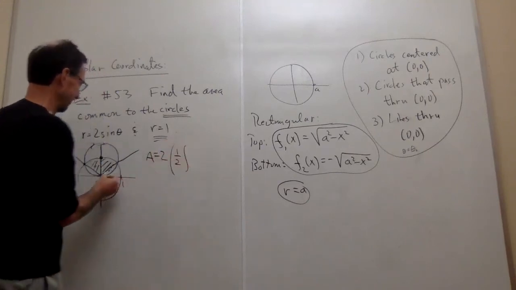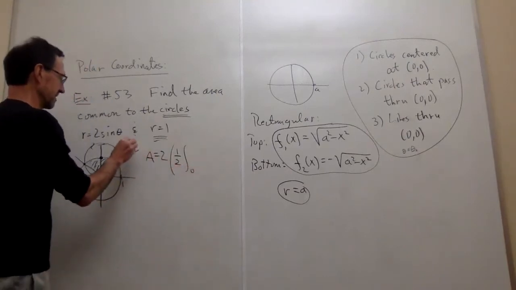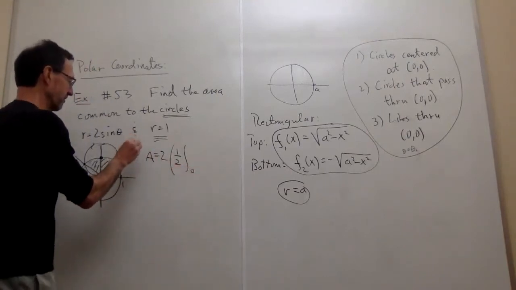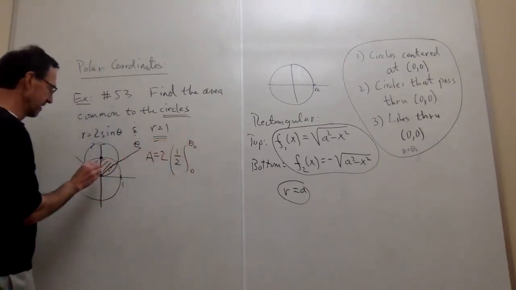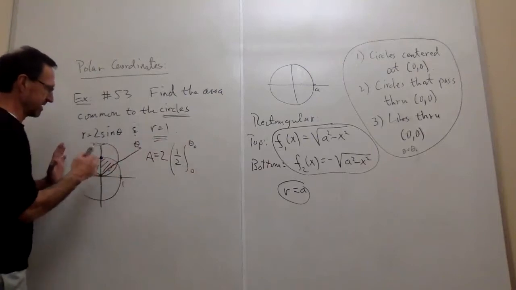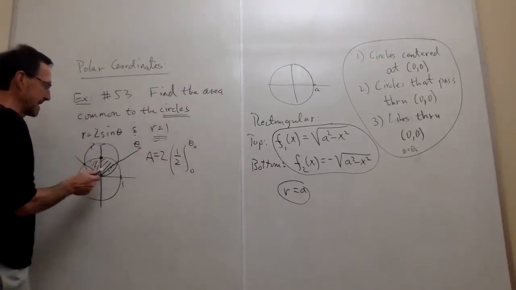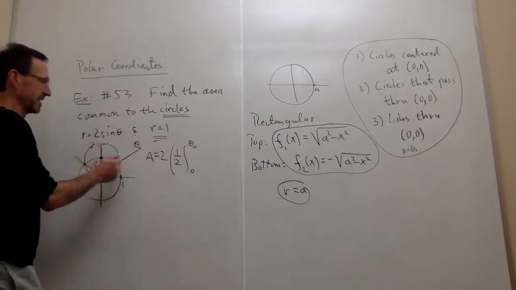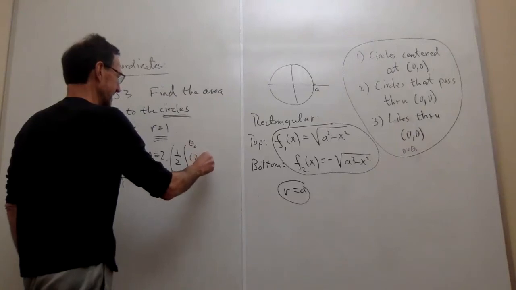We integrate from 0 up to this angle. Let's call it theta sub 0, and we'll figure out what it is in just a minute. The function on top, so to speak, on top means further away from the origin in polar coordinates, or r, is 2 sine theta. And we know the formula says you've got to square that to get area.